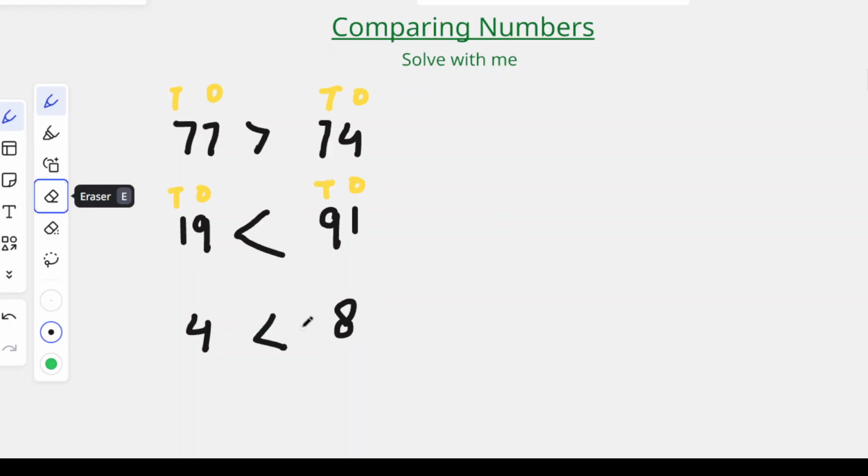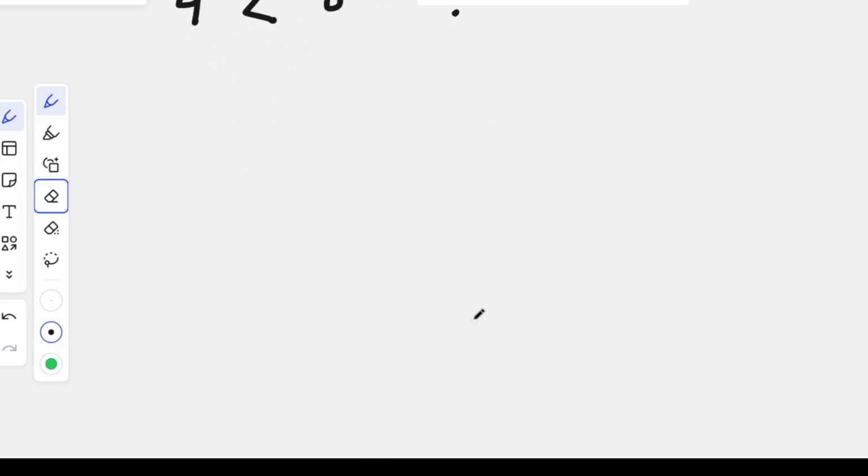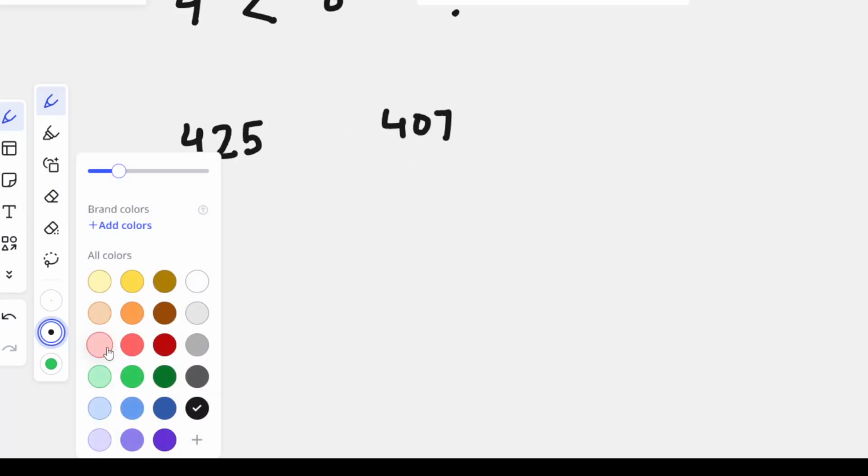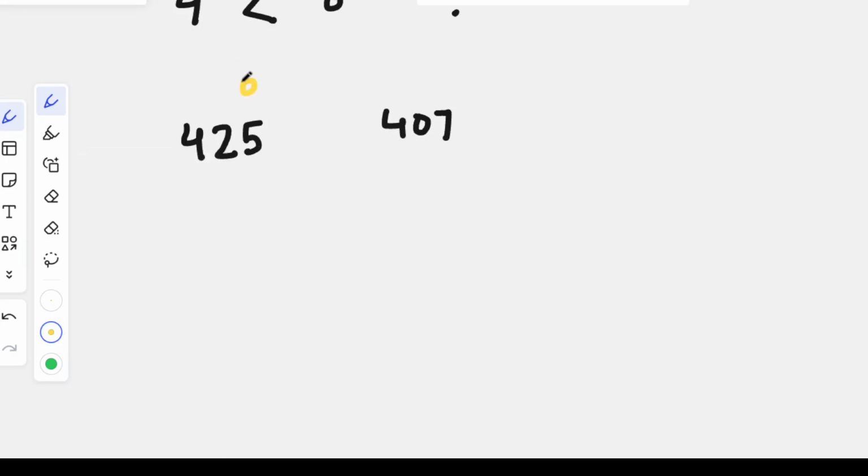Next comparison we have is a 3-digit comparison. Okay, we will compare 425 with 407. Okay, here we have 3-digit numbers, ones, tens and 100 place values are there, right? So we will compare the digit at highest place value.